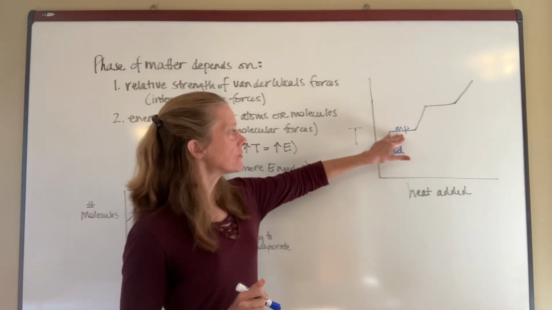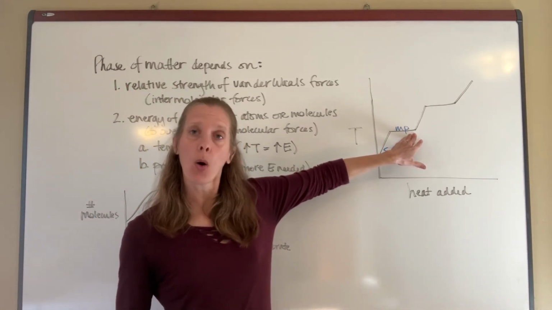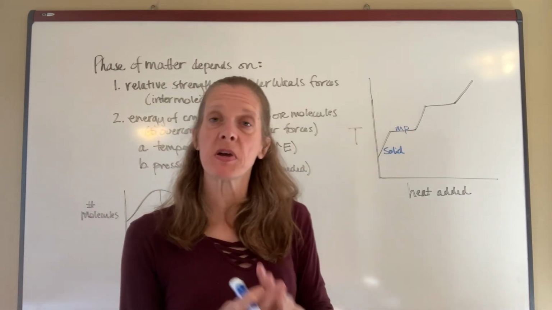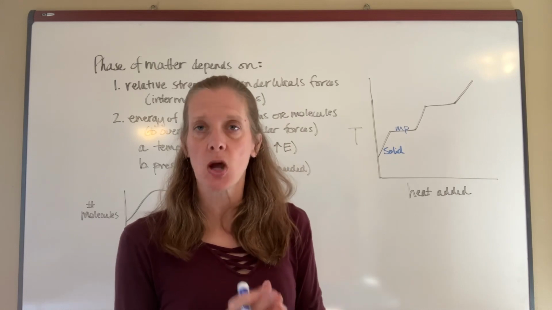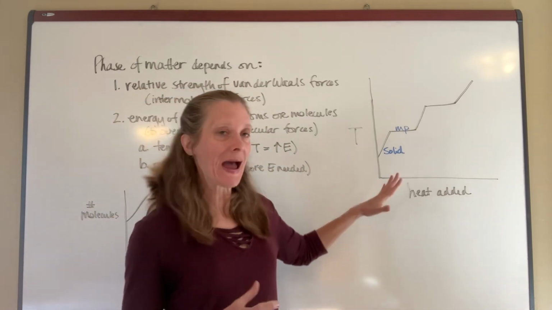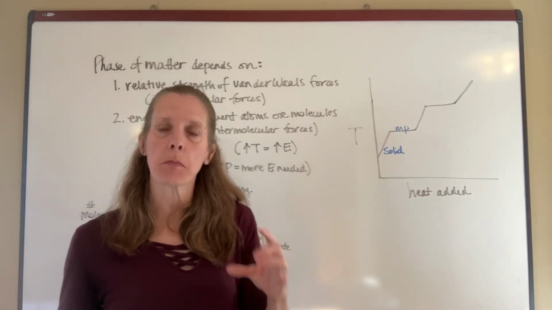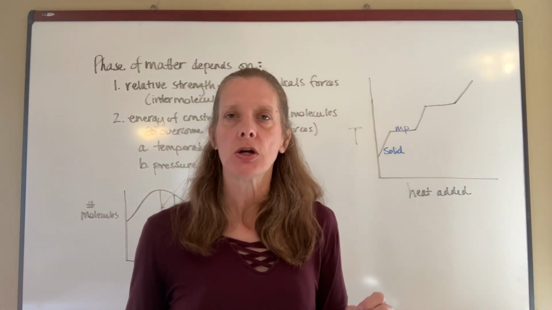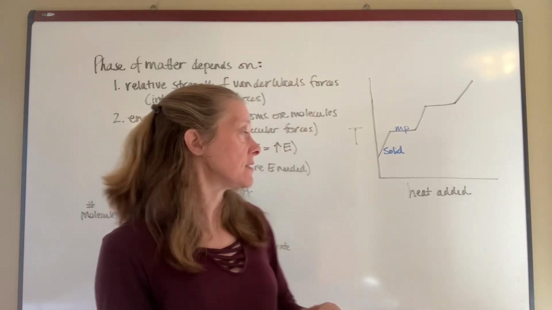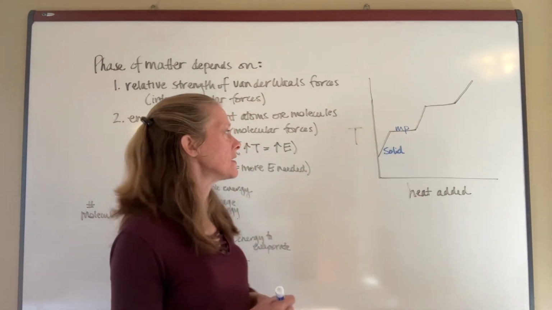You will notice that the curve at this point is flat, and hopefully you will recall that when a substance is in the middle of a phase change, the temperature of that substance will not change, because the heat that's being added has got to go into giving the molecules enough energy to separate themselves from the solid and get into the liquid phase. So during the process of melting, the temperature does not rise.